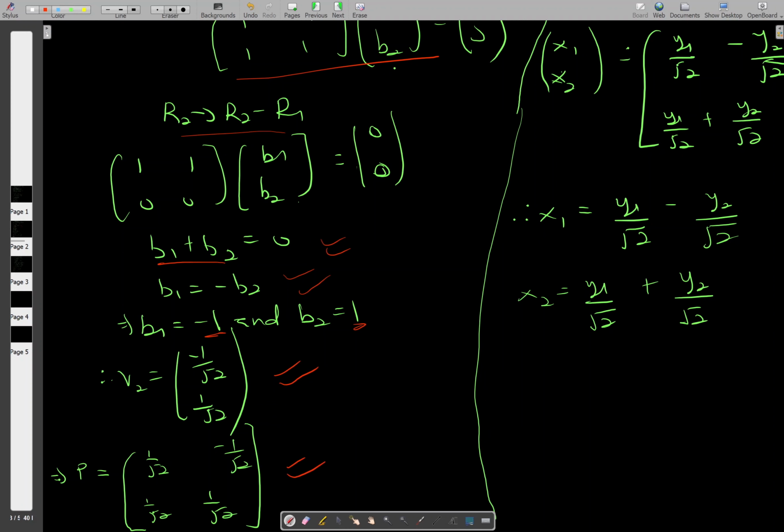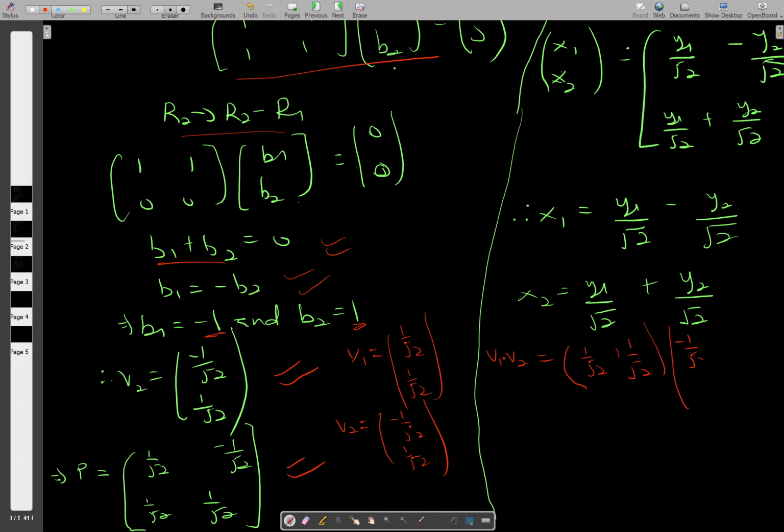Okay, so before then, let's verify that the normalized eigenvectors are orthogonal. So we have our v1 to be 1 over root of 2, 1 over root of 2, our v2 to be minus 1 over root of 2, 1 over root of 2. So let's find the inner products. So v1 dot v2 is v1 transpose v2.